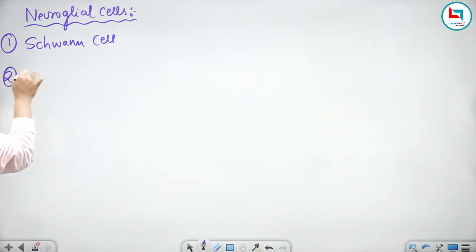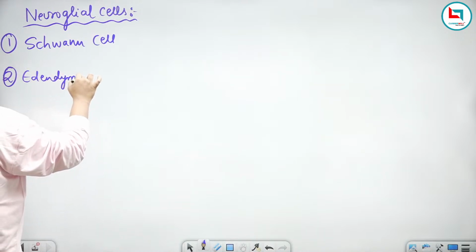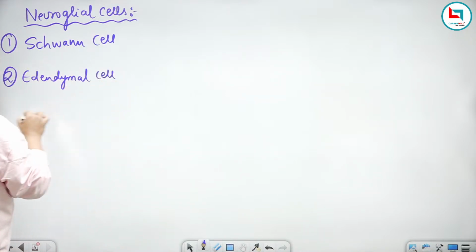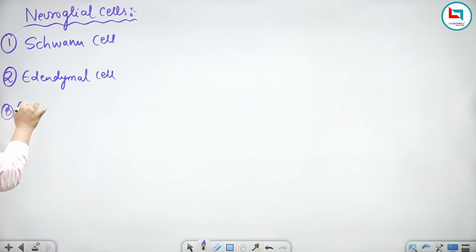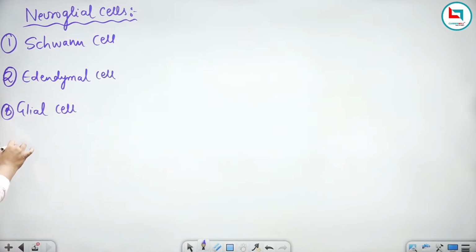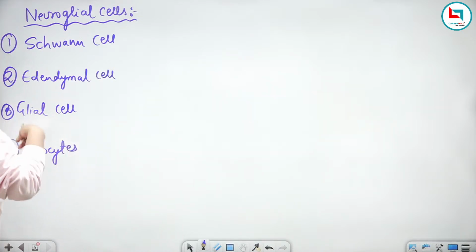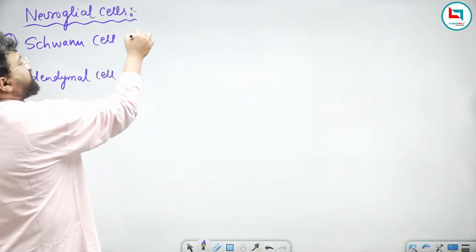We have ependymal cell, glial cells, and astrocytes, and there are other cells too, but these are four more important cells.